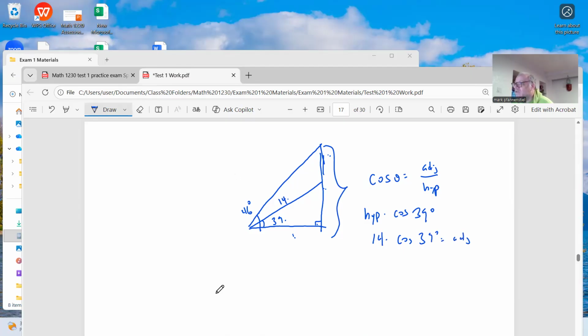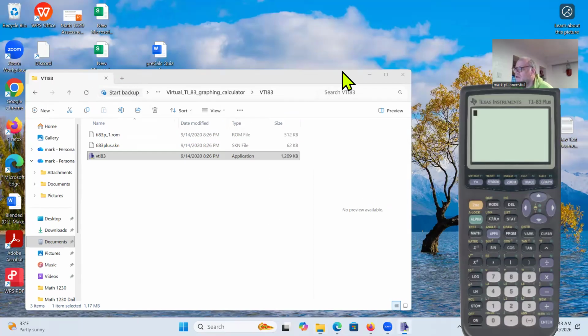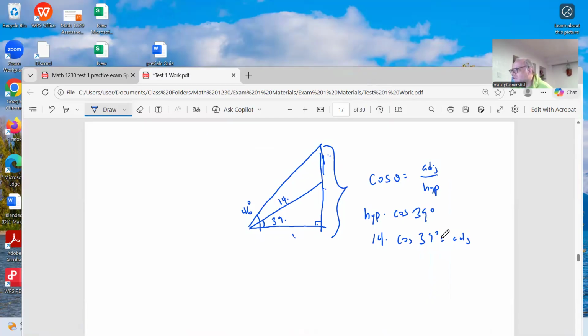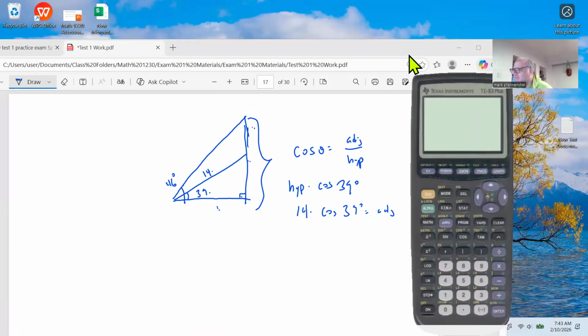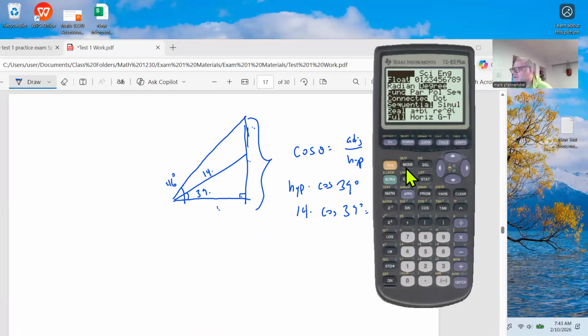I'm going to pause for a second so I can bring out my calculator. Ta-da, calculator. Let's go back to my little thing here. We've got 14 times the cosine of 39 degrees. I'm going to double check that our mode is in degrees, because that's what we've got here. Okay, we're in degrees.